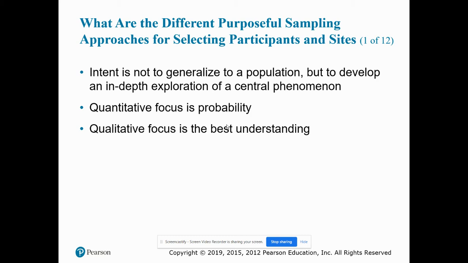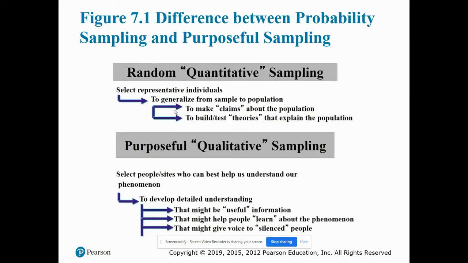You have purposeful sampling. You're looking and you are choosing your participants and your site. Okay, so now we have the differences between probability sampling, which is your quantitative sampling, and your purposeful sampling, which is for qualitative, okay? So with random sampling, quantitative sampling, they select a representative of individuals to generalize from the sample to an overall population.